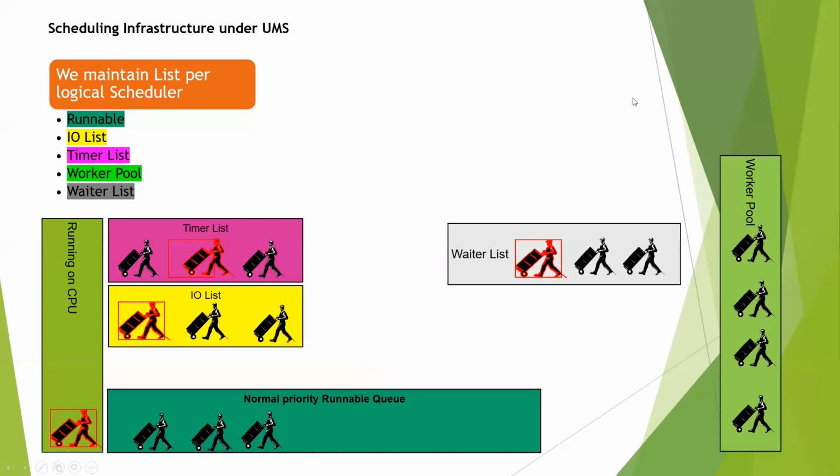If I take this example, it will come out of the CPU and be placed at the end of the runnable queue because it needs to execute again. The first thread in the runnable queue goes and executes on the CPU. Next, let's say IO completed.